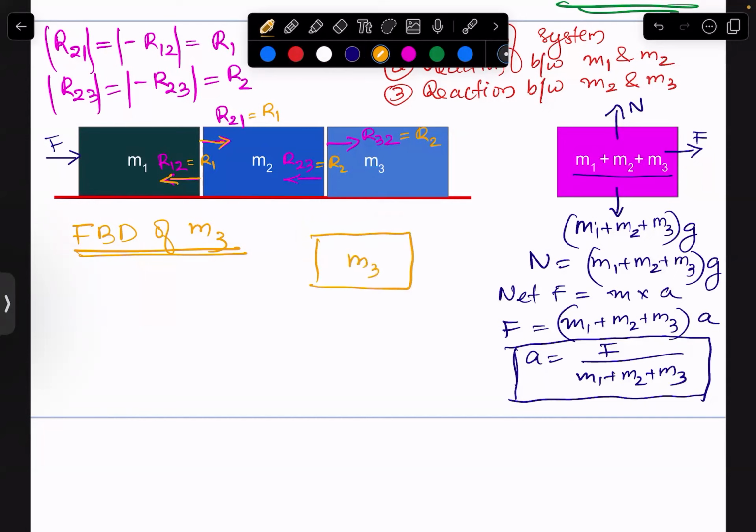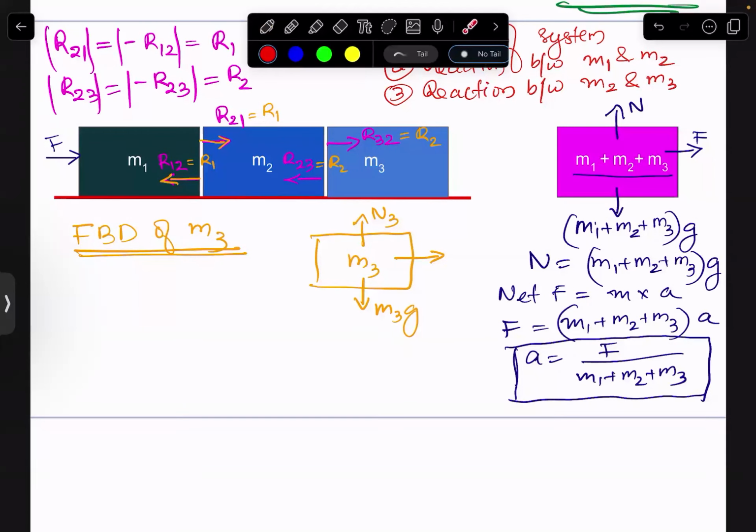Still we will write the normal forces over here. So this is M3G and this is N3, the reaction force on block 3. And here there is only one force on this block, that is R2.